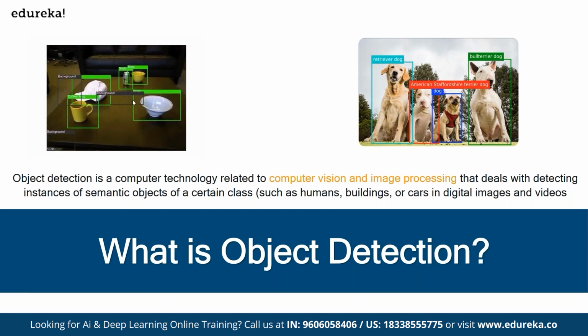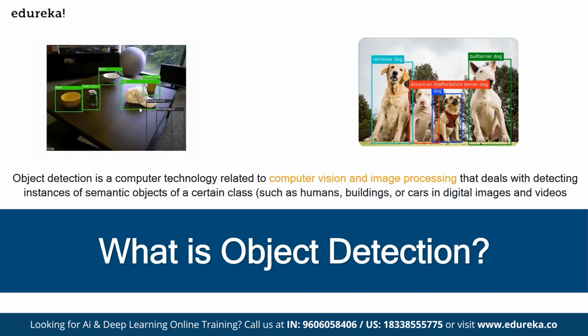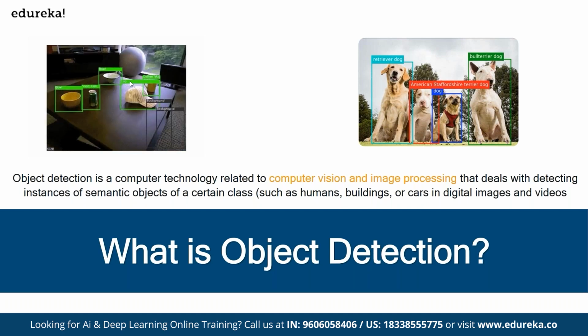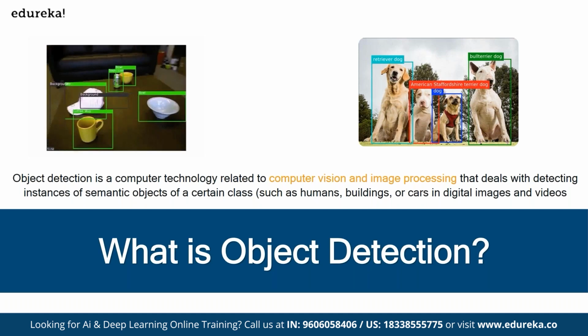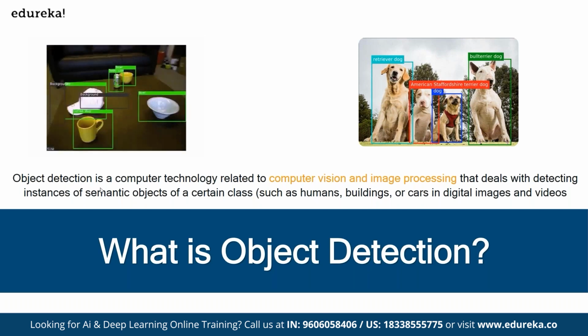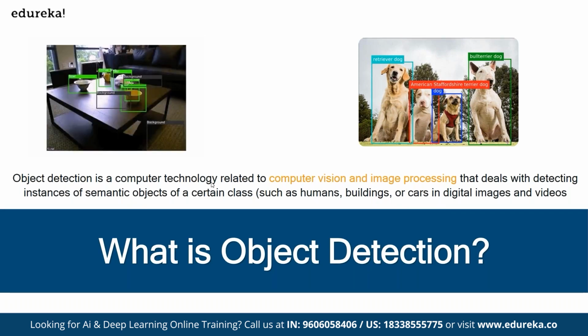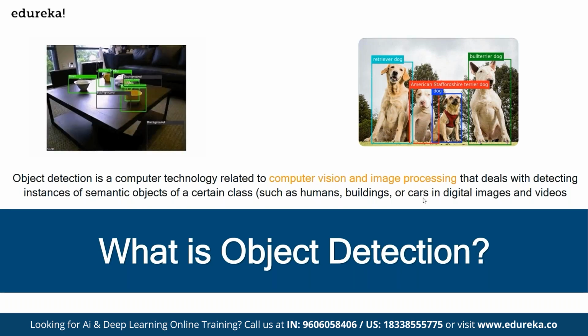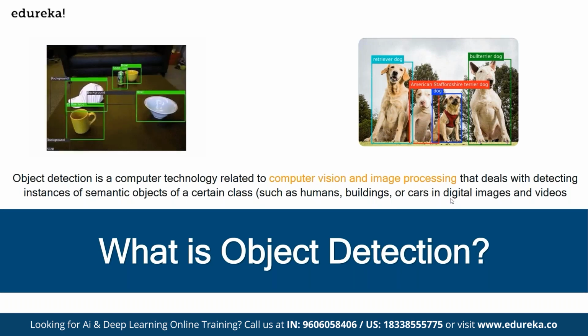Now along with saying what is present in these images, I'm also drawing a bounding box around it to say where exactly that object is present. And that's what we are trying to achieve when we perform object detection. We are determining what and also where. These are the two things that we'll be doing in case of object detection.